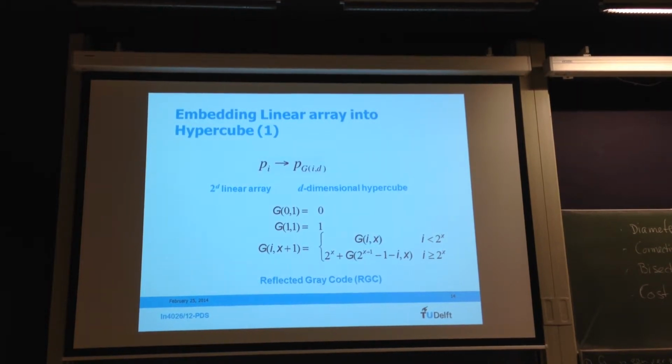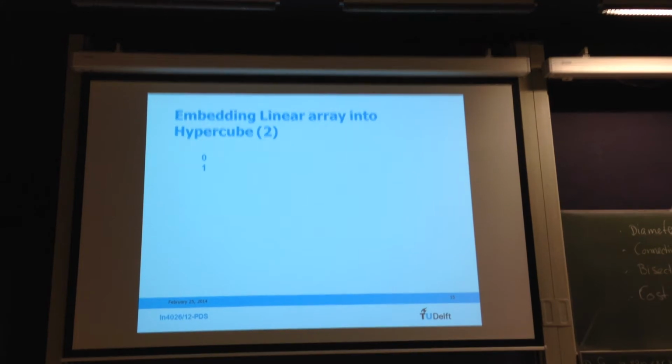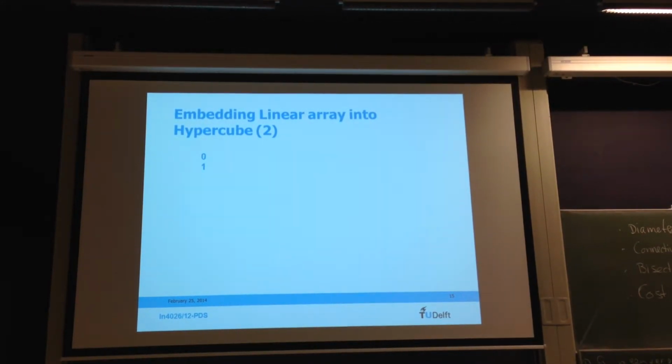So how does it work? Well, we start with a linear array, we start with 0 and 1. Right? What we do is, if we go to a higher dimensionality, copy this one and mirror this one.